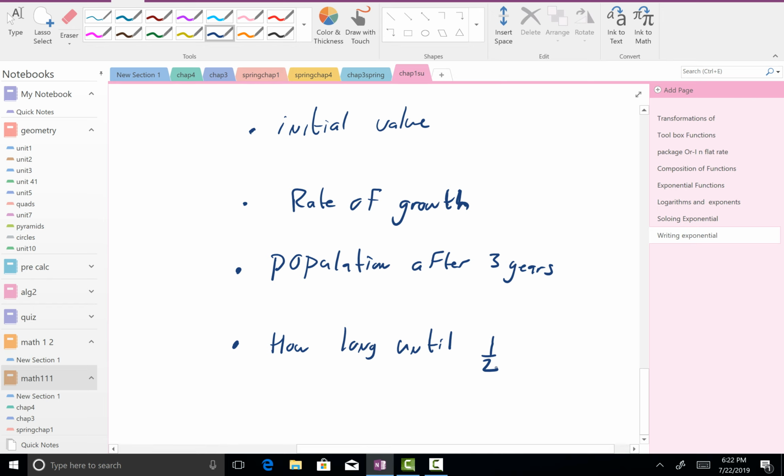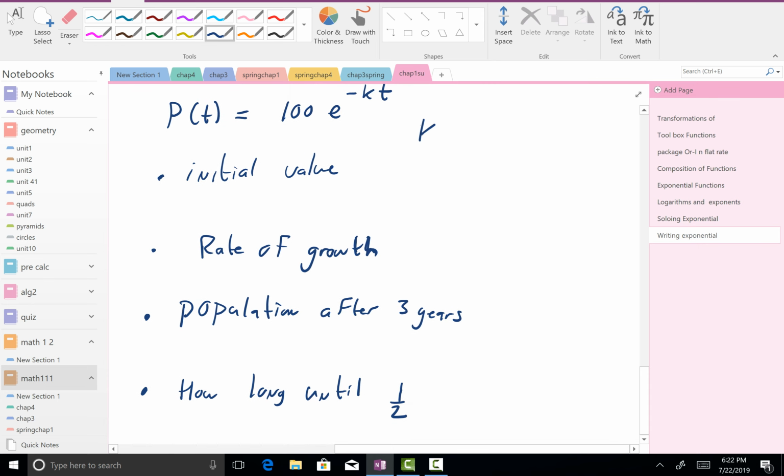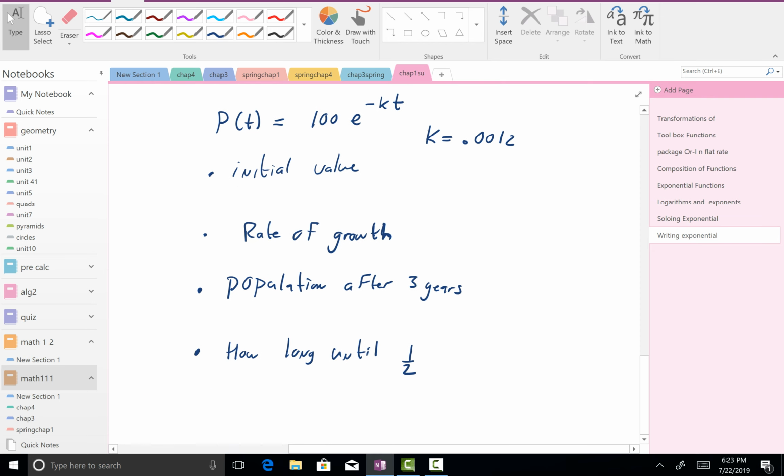So there I gave you a K value. So: initial value, rate of growth, population after 3 years, how long till half of original. Same deal, except this time K is a negative value.